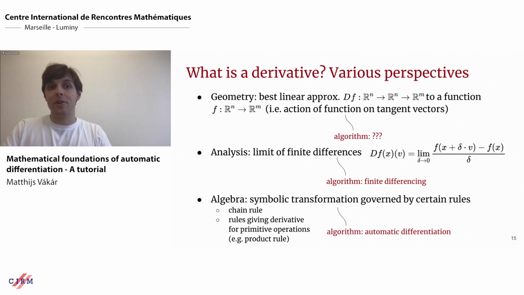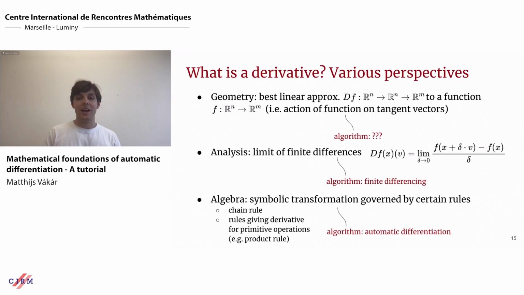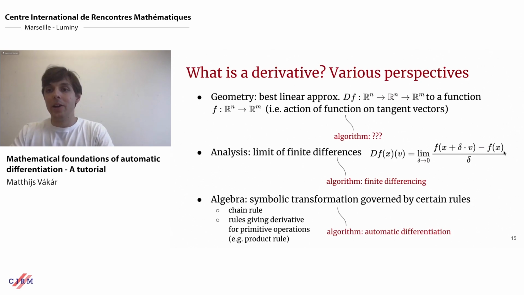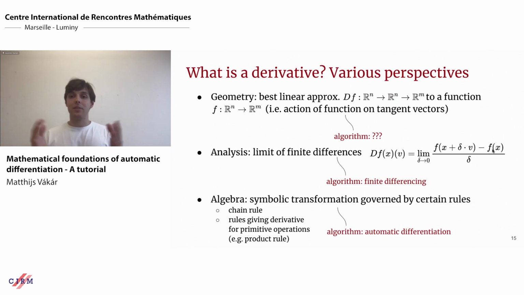A different definition of a derivative that you might have seen is the analysis definition as a limit of finite differences. Here the idea is that the derivative of f at the base point x, at the primal value x, when we give it a tangent vector v at x, is the limit of the difference quotients of f evaluated at x plus a little step of size delta in the direction v, minus f evaluated at x, divided by the length of that step delta.